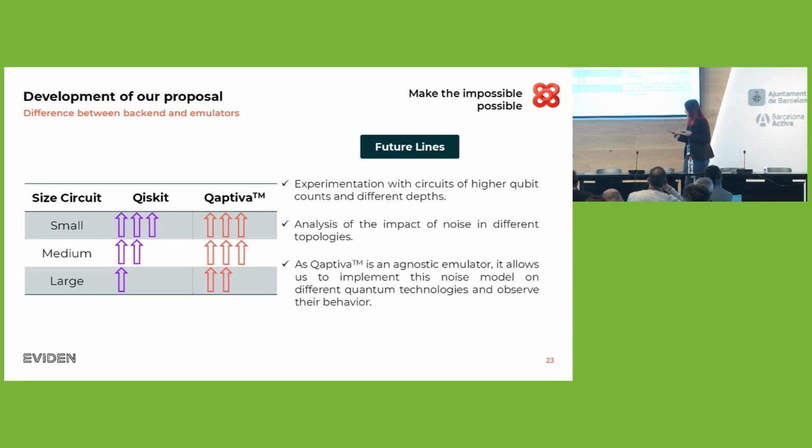And finally, in this table, we have a comparison between Qiskit and Qaptiva. Both small and medium circuits have great fidelity values. It is slightly higher in Qaptiva. However, in large circuits, Qaptiva modeling fits better.